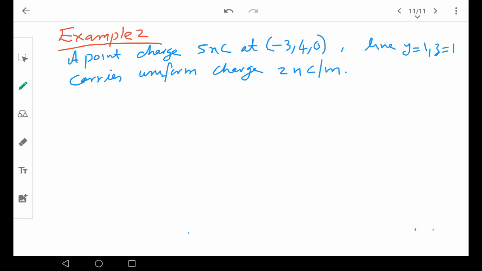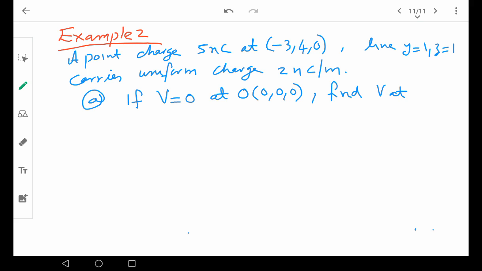So question A is, if V equal to 0, that is, the reference potential 0 is not at infinity but at the origin, you see, at the origin, find V at the point (5, 0, 1).